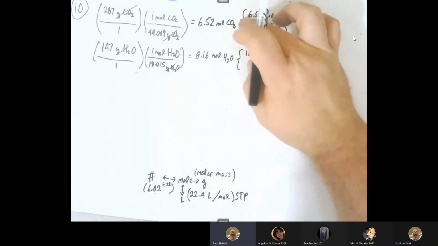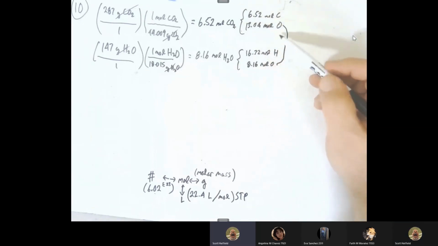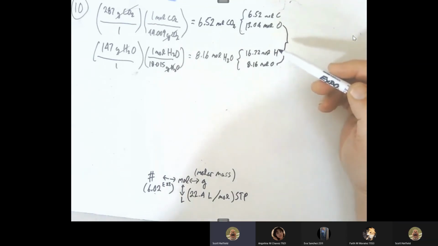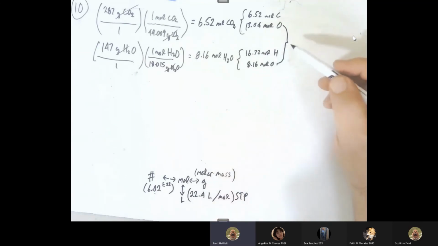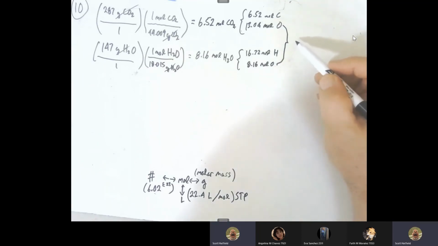Before the chemical reaction happened, these many oxygens had to be present. So I've got to add those 2 together, and it turns out that's going to be 21.2 total moles of oxygen.